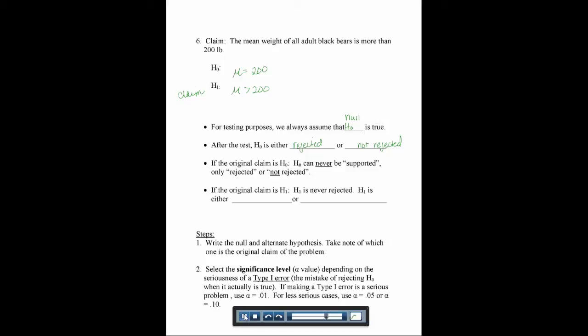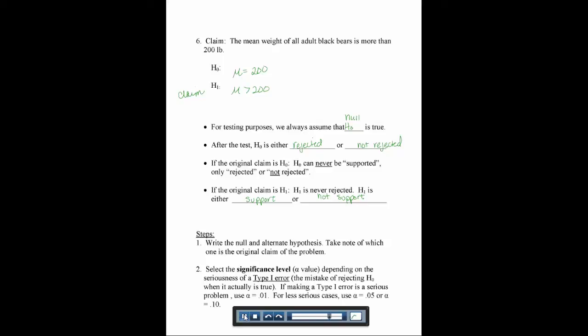The only two things you can do are support it or not support it. So you do have to be very careful about what your original claim is, and what you can say about it. The first step, which we practiced in numbers 1 through 6, is to write the null and the alternate hypothesis, and to make a note about which one the original claim was.